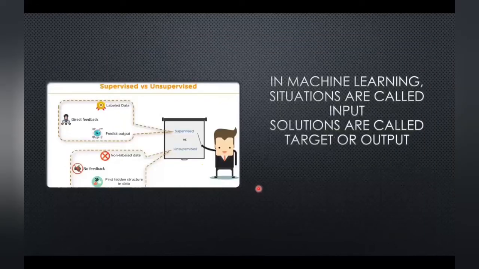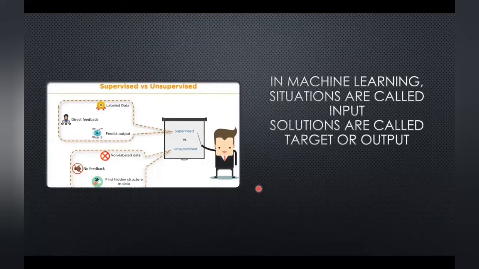So what is the difference between supervised and unsupervised machine learning? In machine learning, the situations which we give to the computer are called input, and the solutions or predictions which you get out of the machine are called output. So we have an input and an output. In case of supervised machine learning, you need to have labeled data.